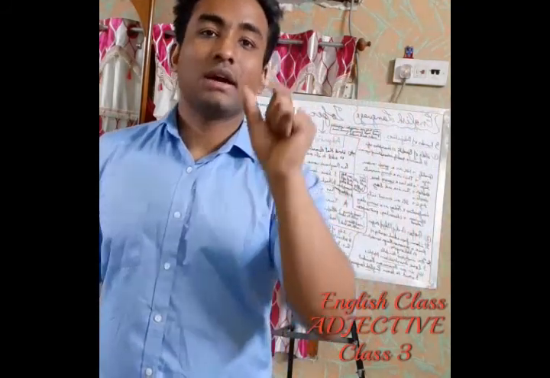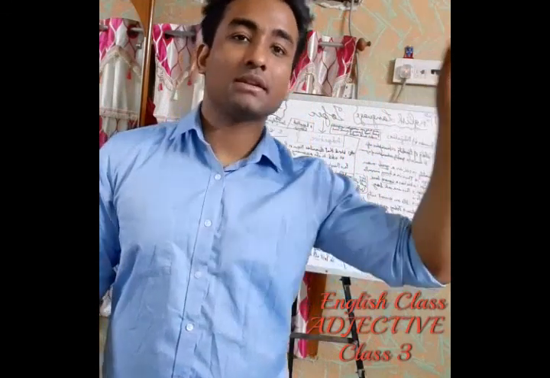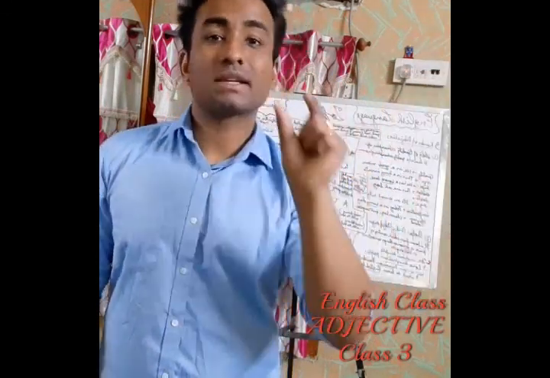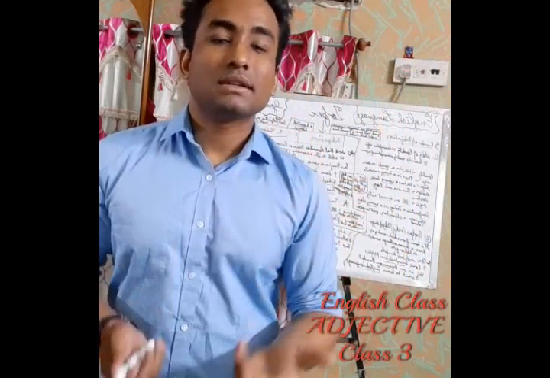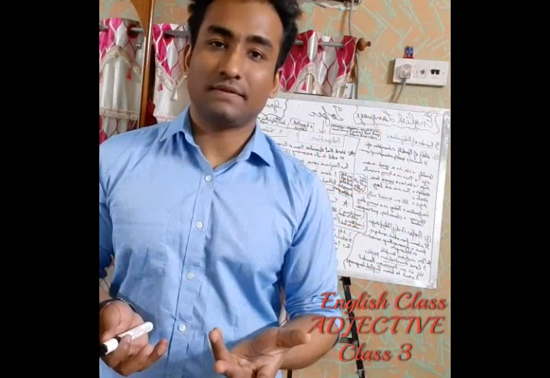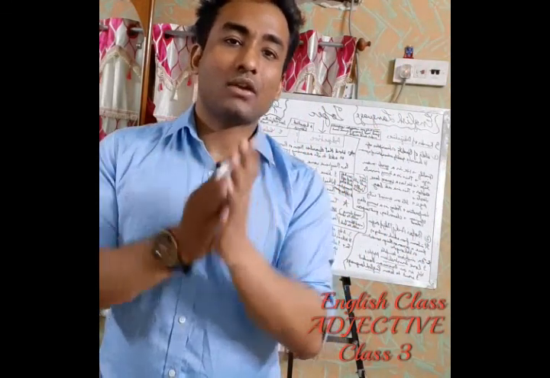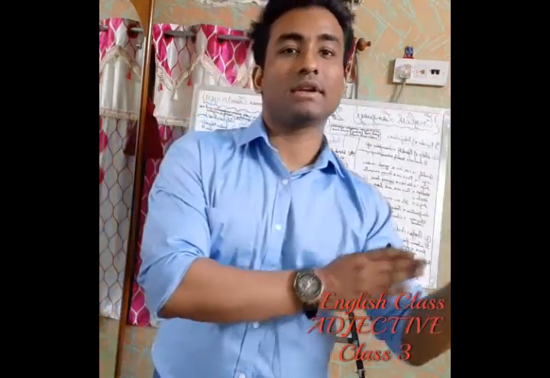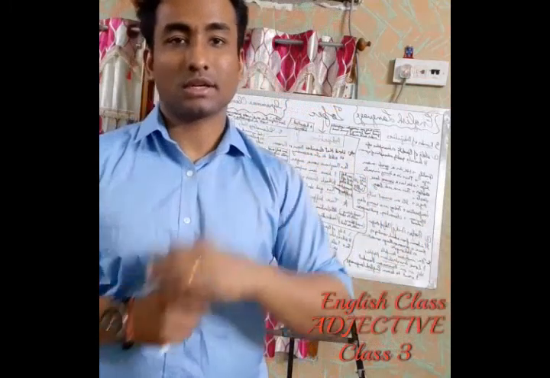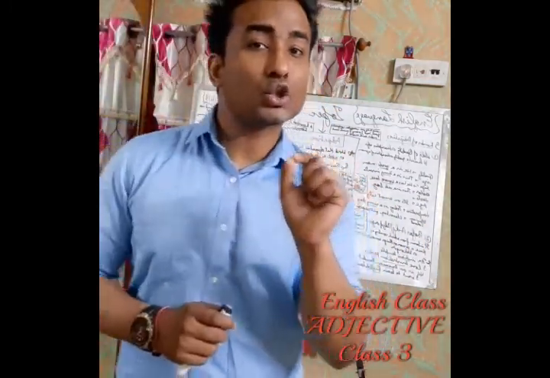So here each is a word describing the word sister, and sister is a noun, so obviously each is a distributive adjective, because it is showing distribution, and also it is an adjective because it is describing a noun, sister.